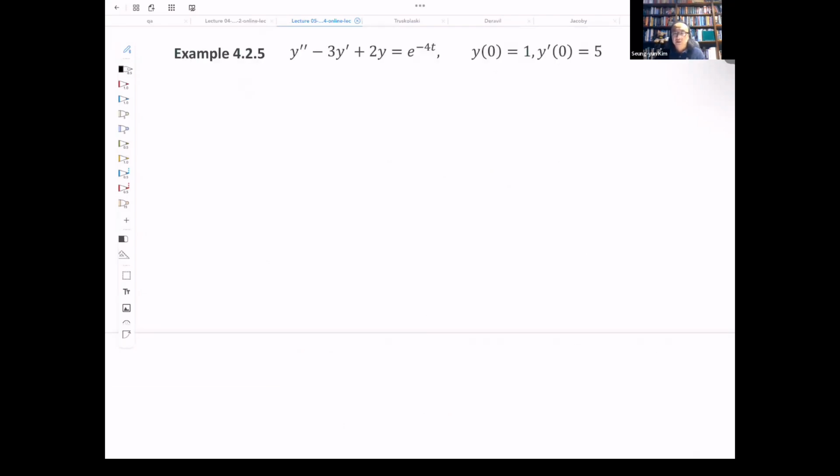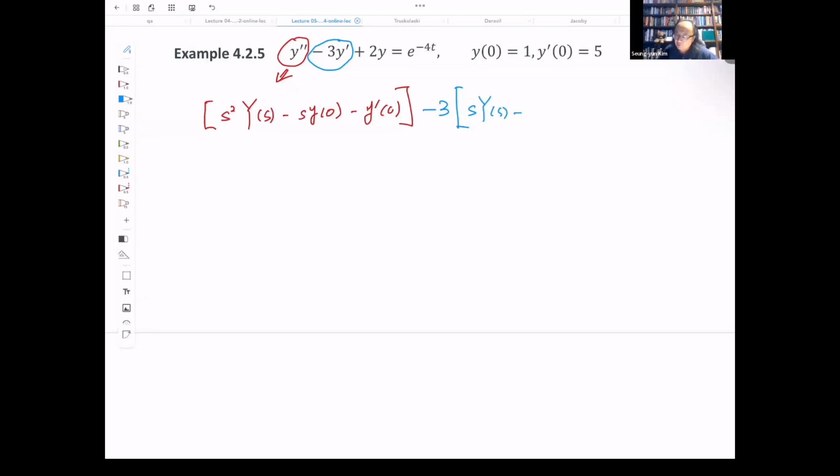Let's work on this. Y double prime: S squared Y of S minus s y of 0 minus y prime of 0, minus 3 times (s Y of s minus y of 0), plus 2 Y of s equals the Laplace transform of e to the negative 4t.